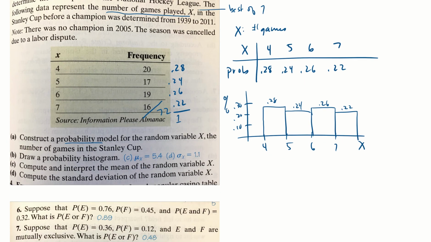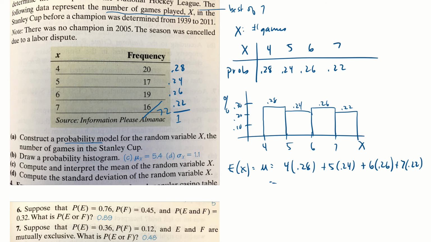Okay, so there's B, computing the mean of the random variable. So that's E of X, or sometimes we call it mu. 4 times 0.28 plus 5 times 0.24 plus 6 times 0.26 plus 7 times 0.22.